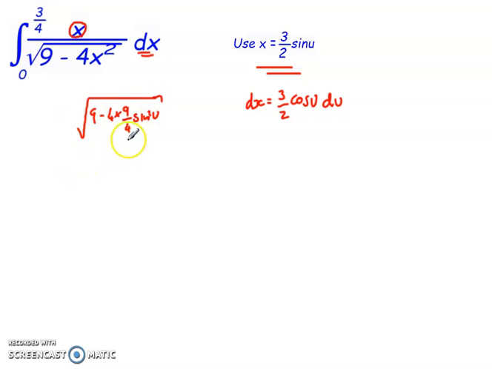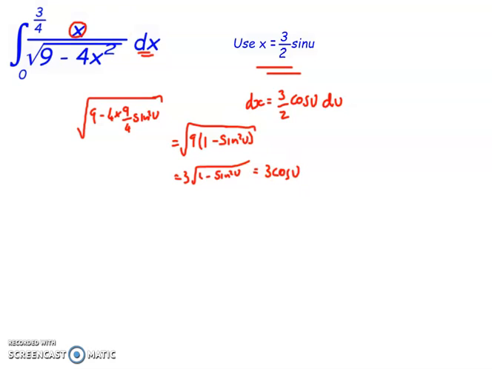So I can take this bottom part, factorise the 9, and I'll get the square root of 9 bracket 1 minus, taking the 9 out, 4 times 1/4 cancel out, times sine squared u. What I can then do is simplify this, so take the square root of 9, which is 3, times the square root of 1 minus sine squared u. Remember from your trig identities, 1 minus sine squared u is cos squared u, so the square root of that I can write as 3 cos u.